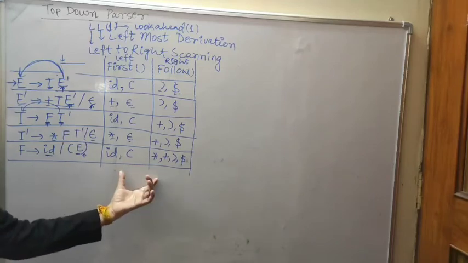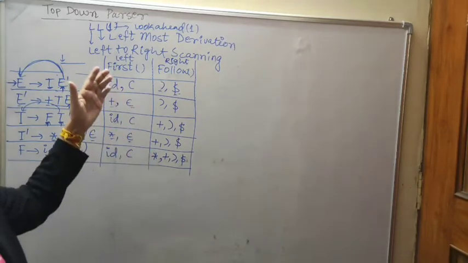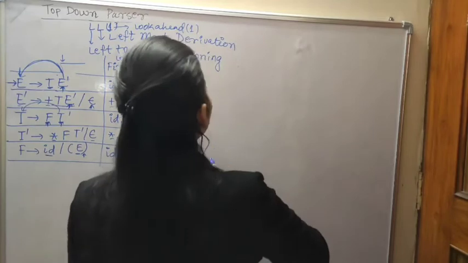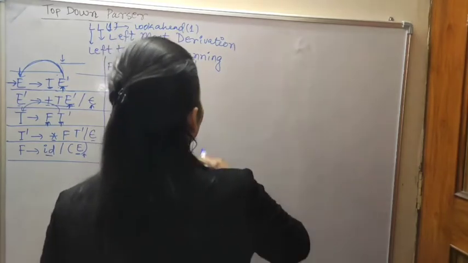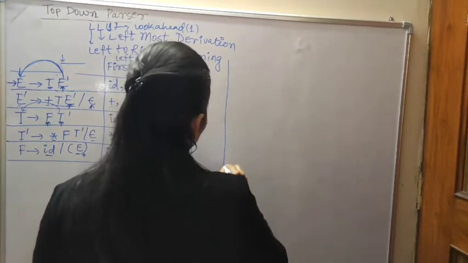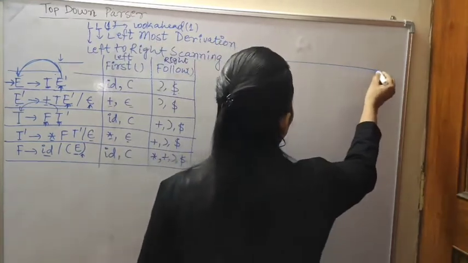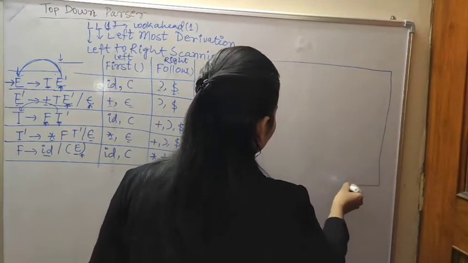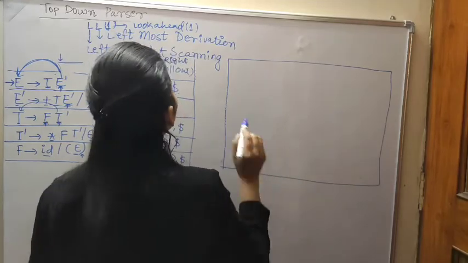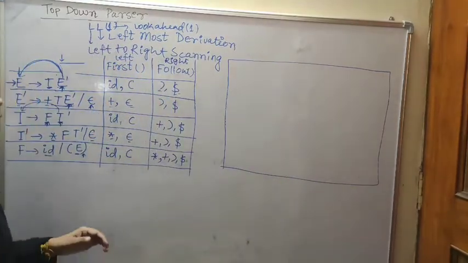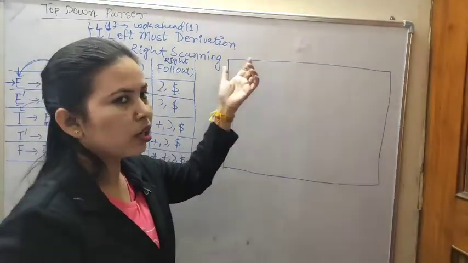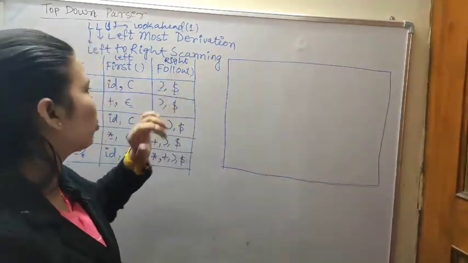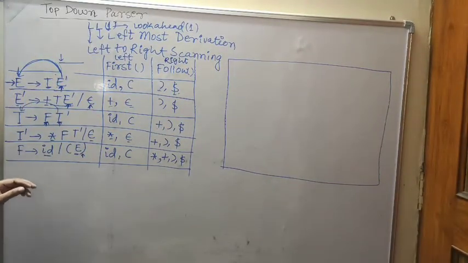First, take the first and follow functions and make the parser table. Whenever we are making the parser table for LL1, you take the terminal variables for the columns and the non-terminal variables for the rows. So what are the terminal variables?